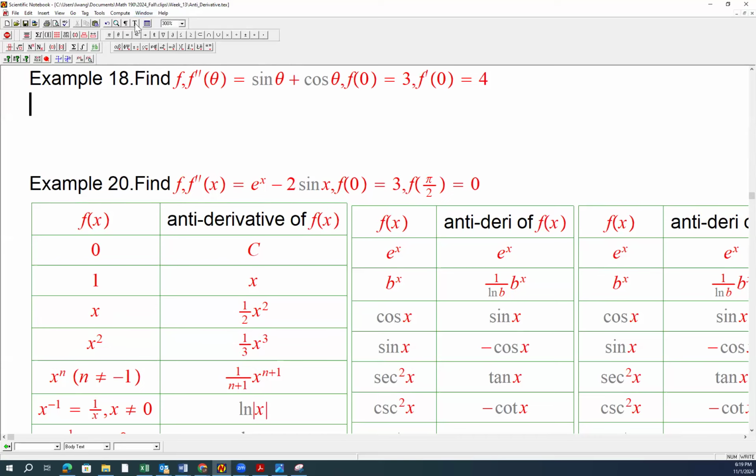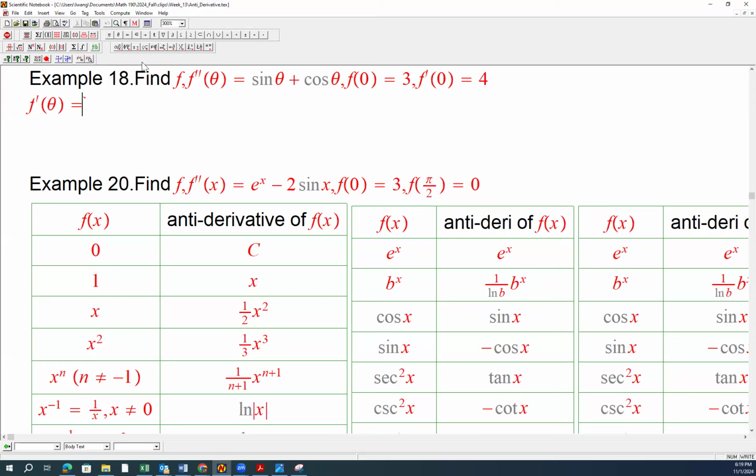The antiderivative of the second order derivative would be the first order derivative of the function f. The antiderivative of sine theta is negative cosine theta, and the antiderivative of cosine theta is sine theta. And then we need to add a constant C sub 1.